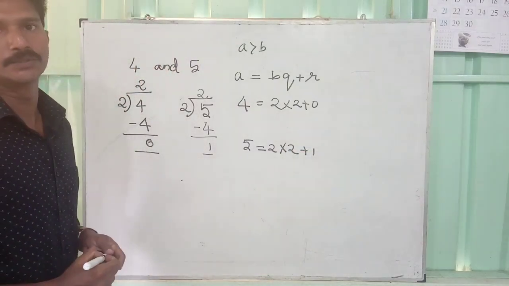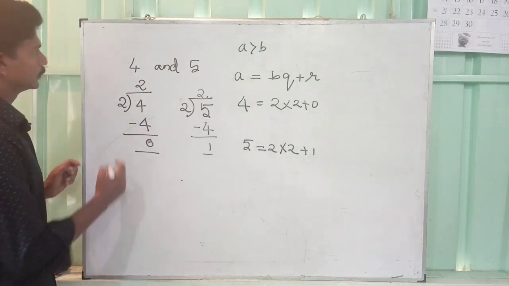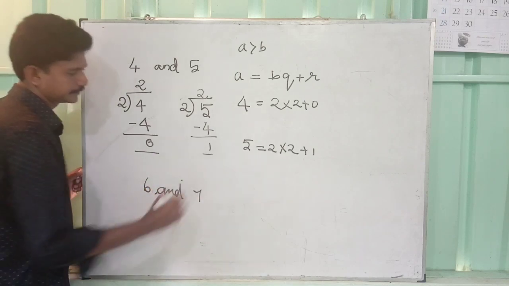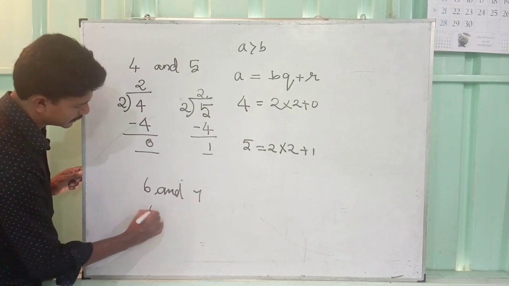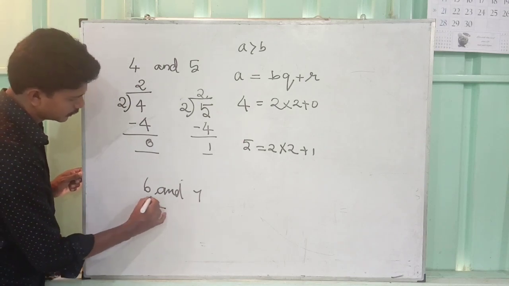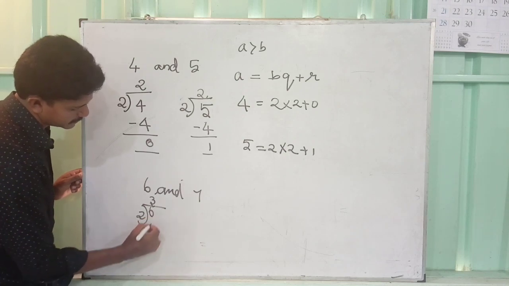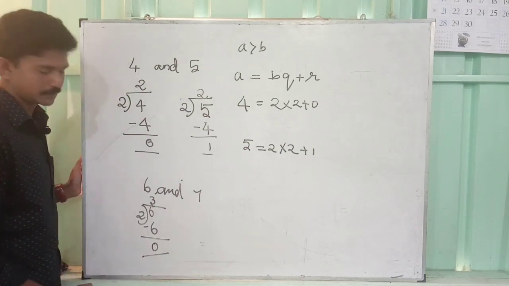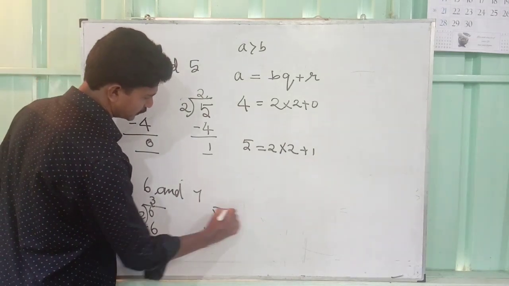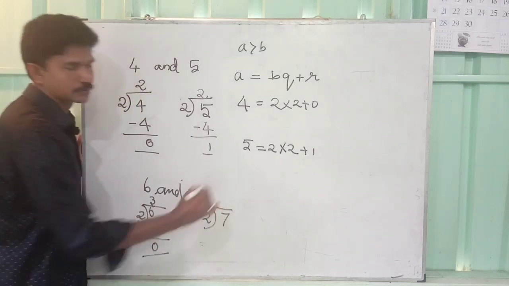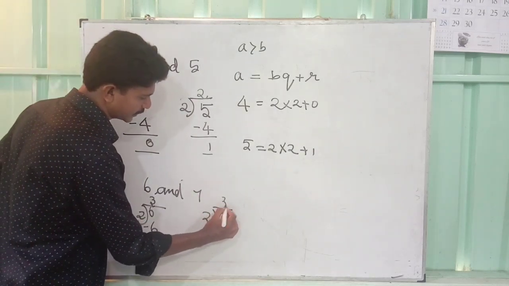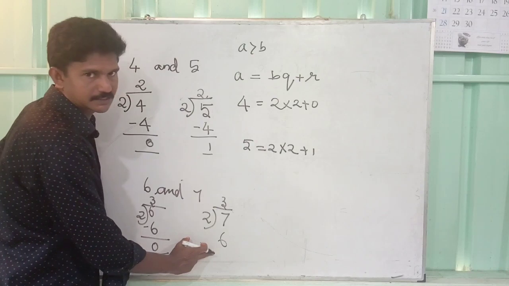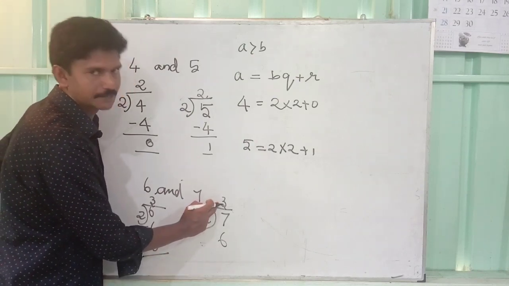If you take another two numbers, for example 6 and 7, if you divide 6 by 2, 2 goes in 6 3 times, and when we subtract, we get 0 as a remainder. In the case of 7, if you divide by 2, we get the quotient 3, because 3 times 2 is 6. 2 goes in 7 3 times.